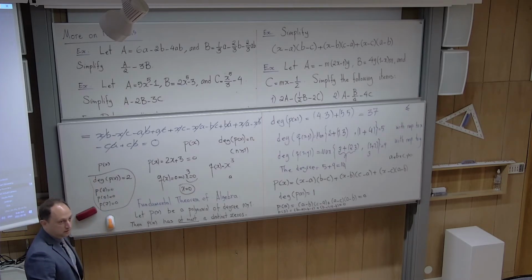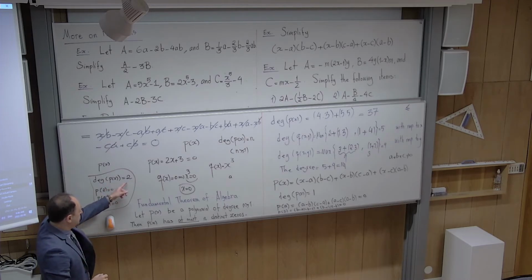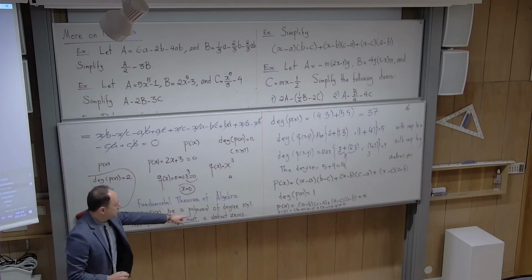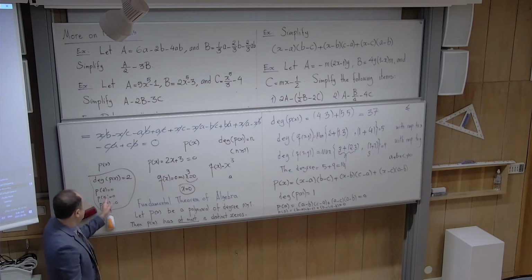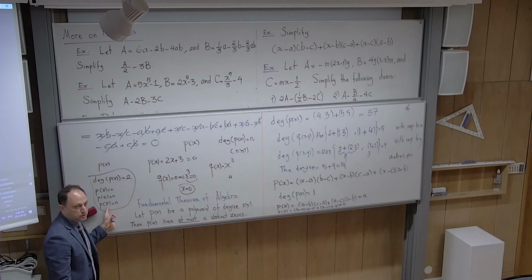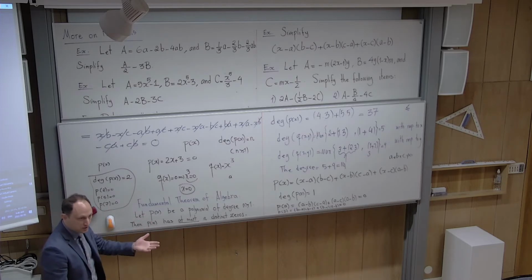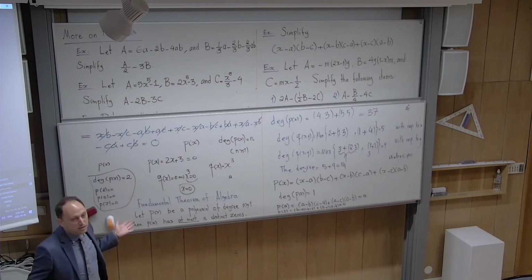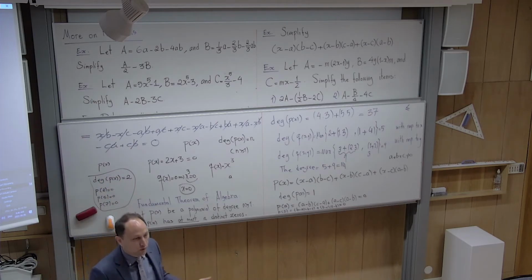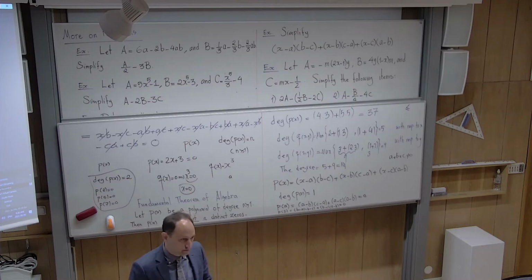The degree is 0? No, I'm saying that the degree of the polynomial is 2. So this fundamental theorem of algebra guarantees that you can have at most 2 zeros. But on the other hand, I am also giving you these 3 pieces of information that P of 2, P of 5, and P of 7 are all 0. So this means, yes, it's contradictory unless this polynomial is identically 0 itself for all values.